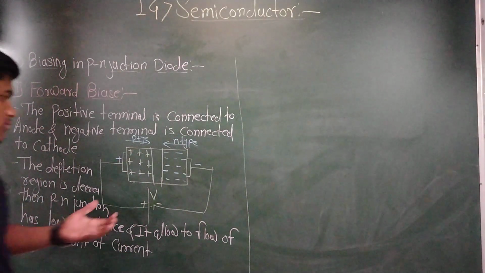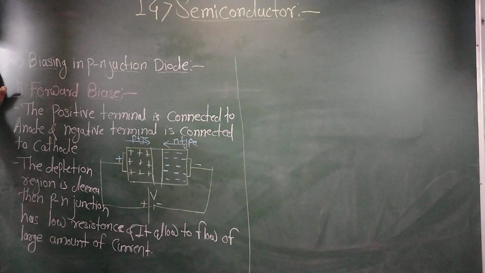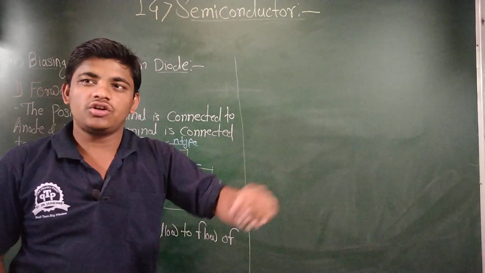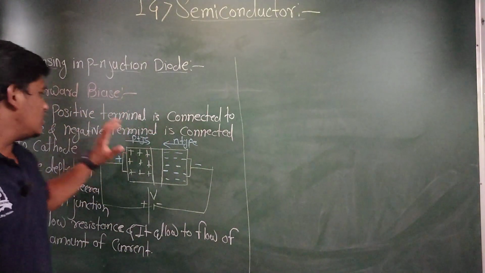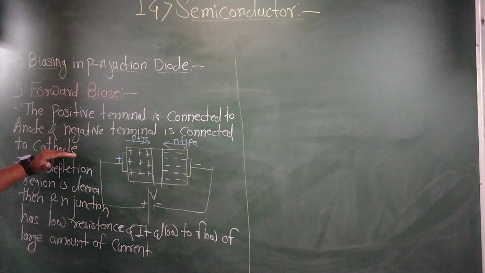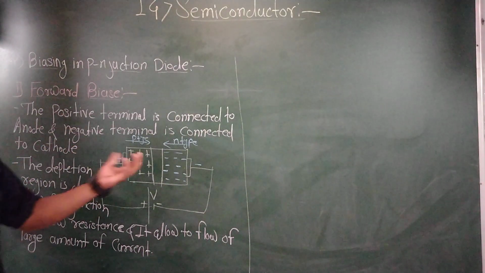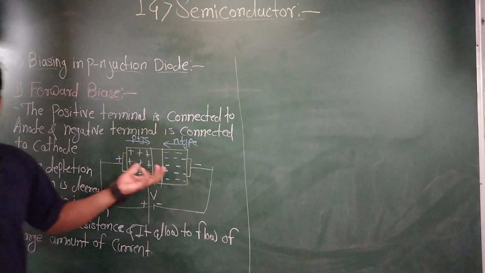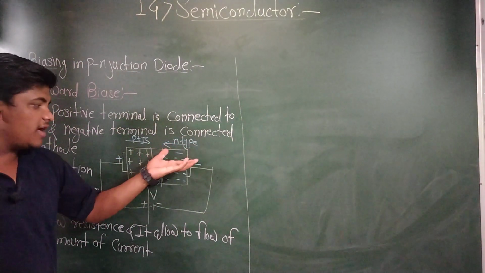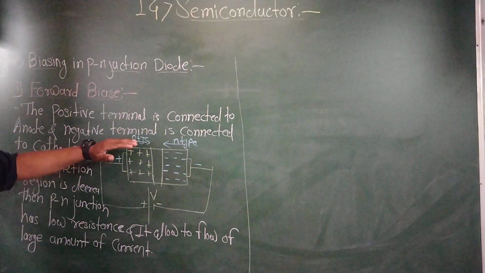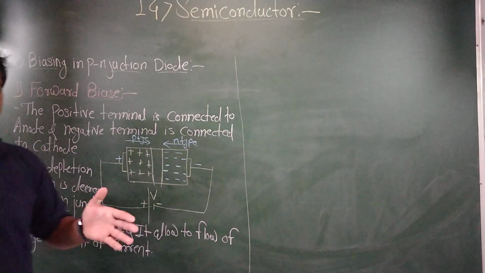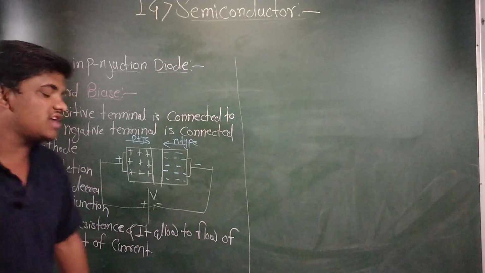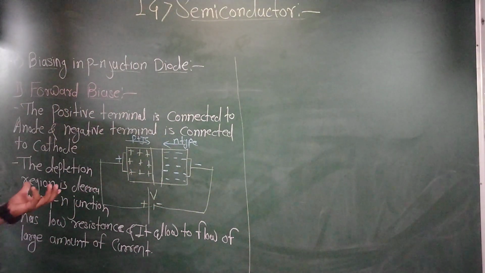Okay, can you digest what was said in forward biasing? When the positive terminal of the external power supply is connected to the anode and the negative terminal is connected to the cathode, then the electrons from the N type and holes from the P type of the PN junction get repelled and move towards the depletion region, and the depletion region is decreased.